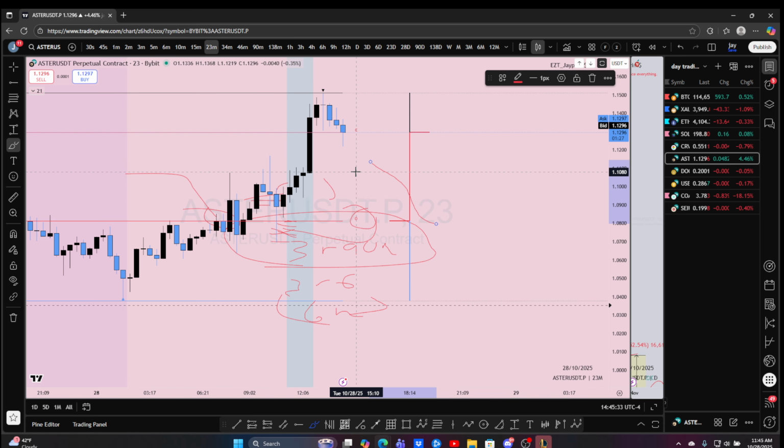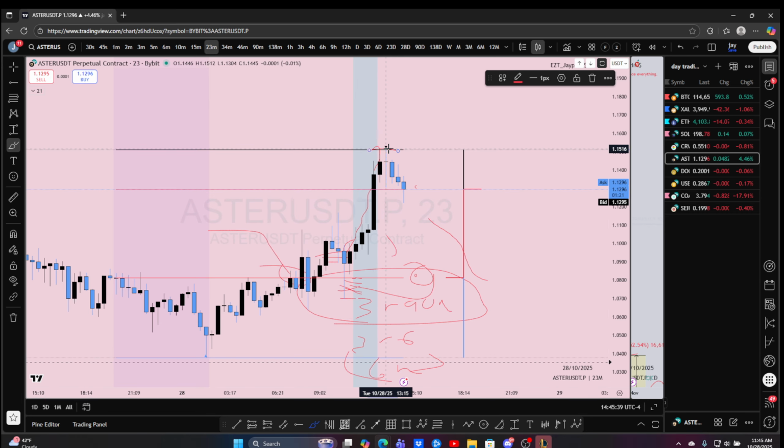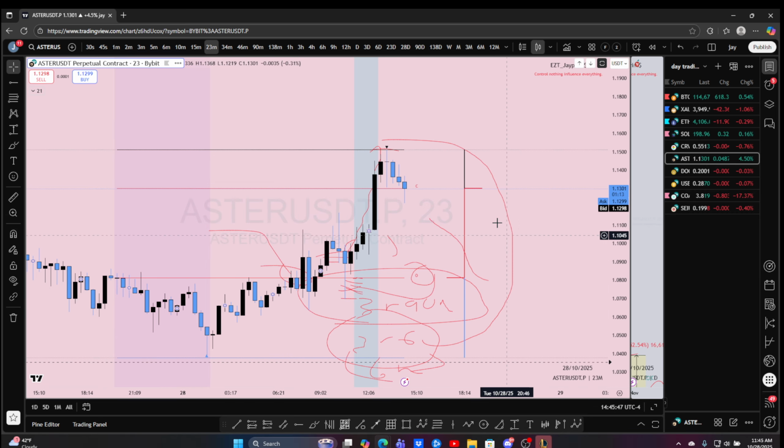And check this expansion, guys. Exactly for 90 minutes we're expanding. And again, what is that? That's the close, right? That's the close of the third 6-hour candle. So you can exit with the close.